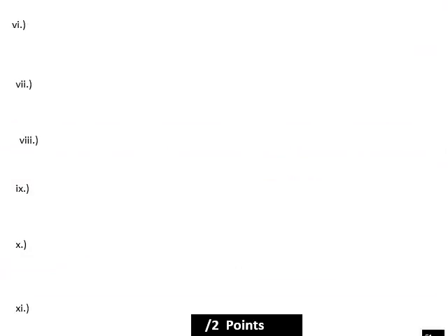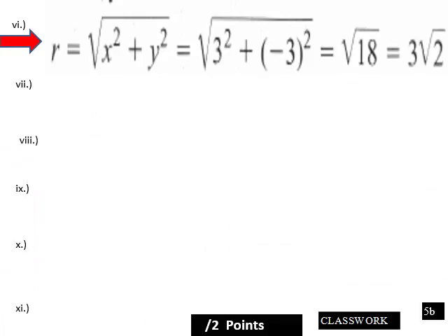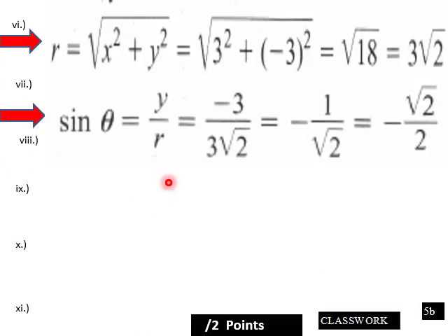So for our trig functions, we find our r value was 3 times the square root of 2. Our sine would be y over r, so negative 3 over 3 times square root 2. We rationalize our denominator, first canceling out our 3's here.